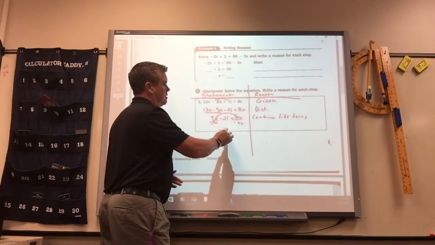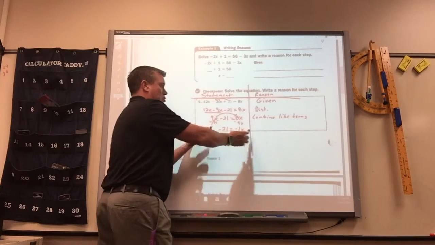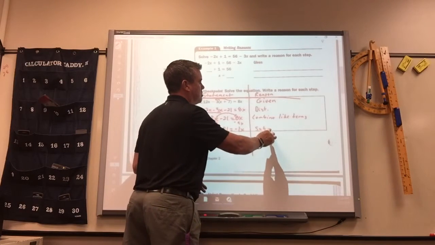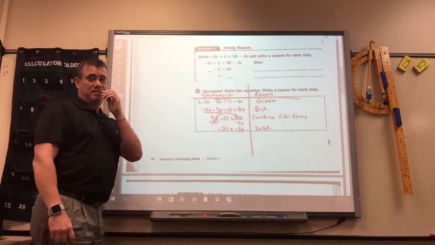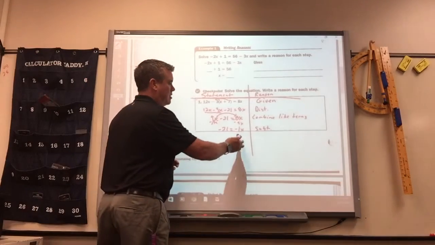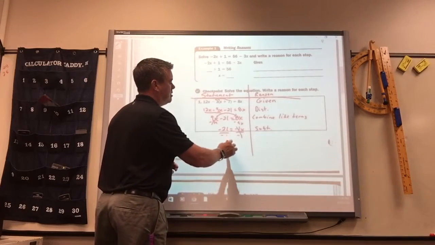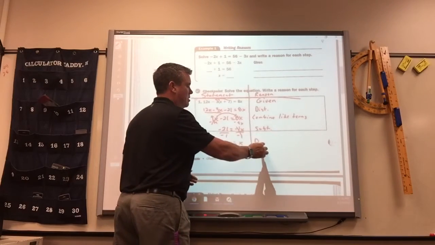So you're left with negative 21 equals negative 1x, and you just write down what you did. That's the subtraction property. So then, what do you do to get the x by itself? Divide by negative 1. 21 equals x, and what I did was the division property.